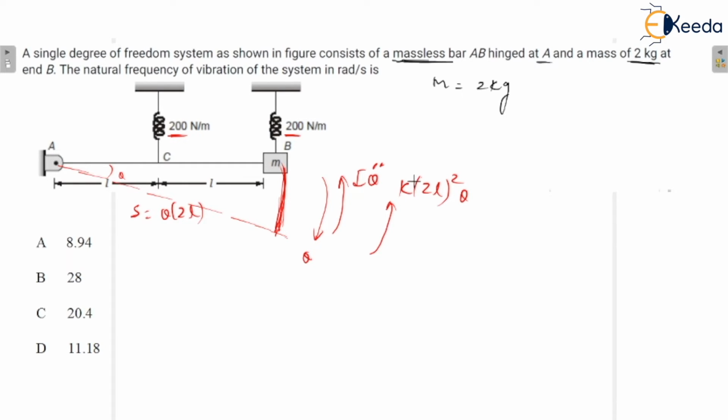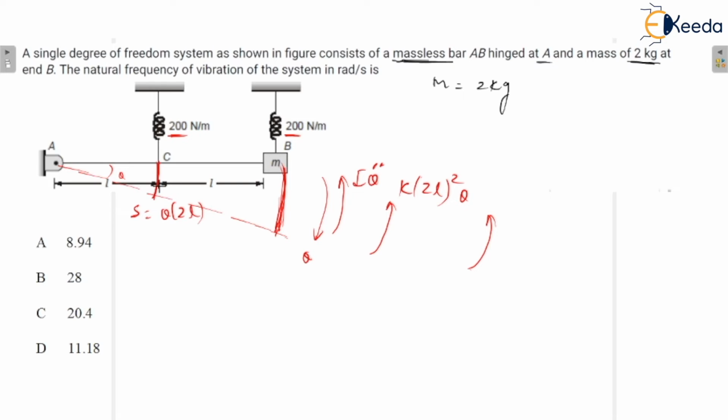Again, I'm explaining the torque of the spring force of this second spring. This arc is the displacement of the spring when the bar is rotated through an angle theta.